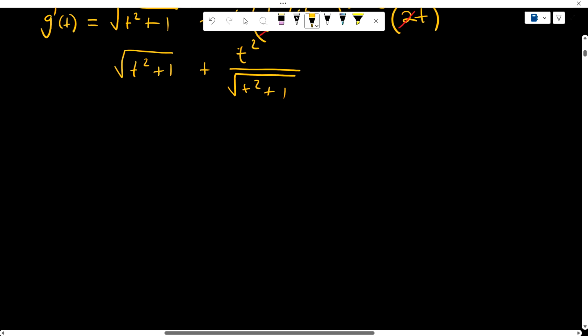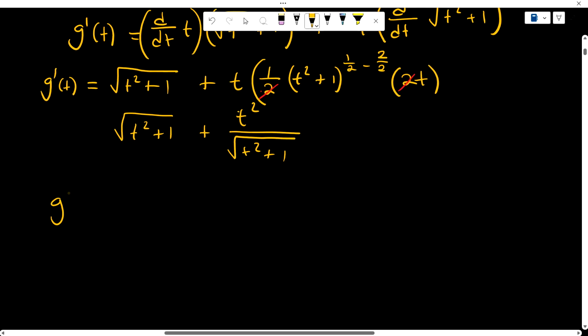So in that case, my g'(t) is equal to the square root of t squared plus 1 plus t squared divided by the square root of t squared plus 1.